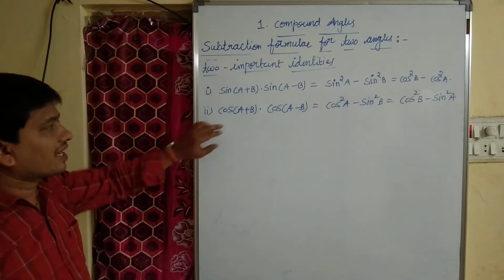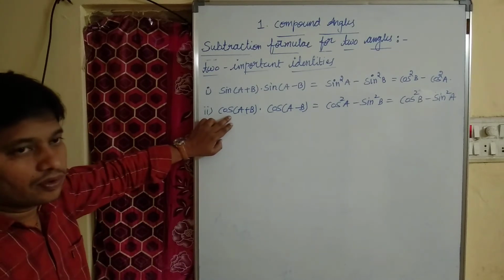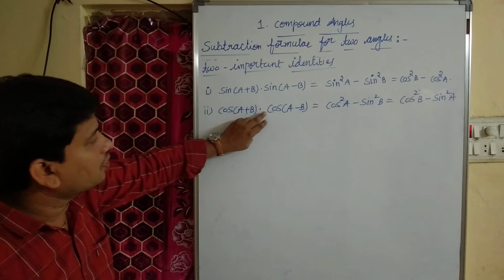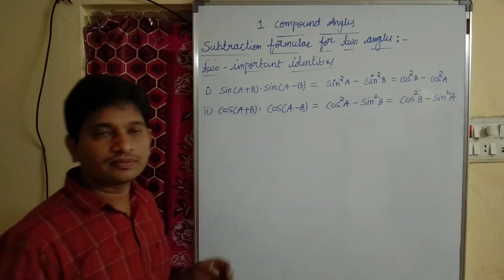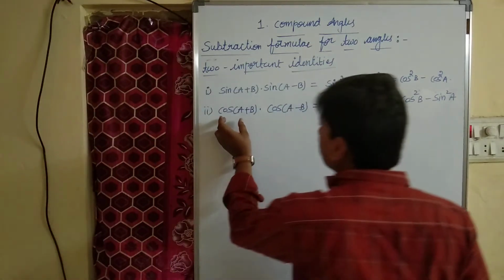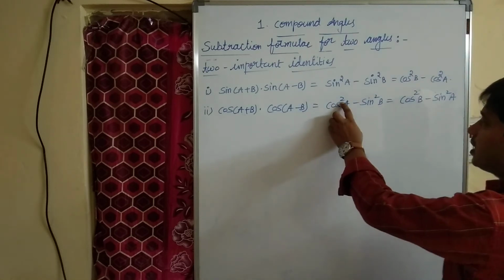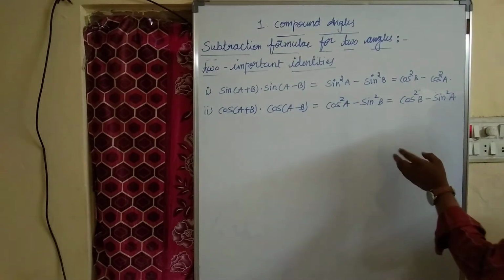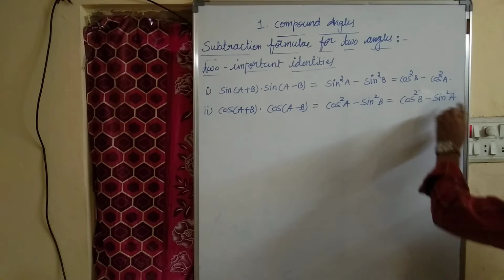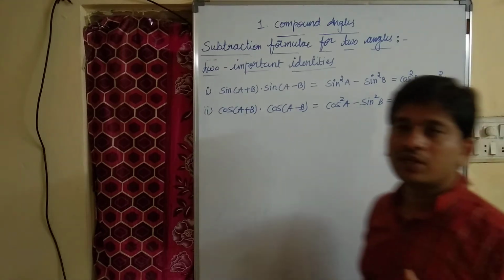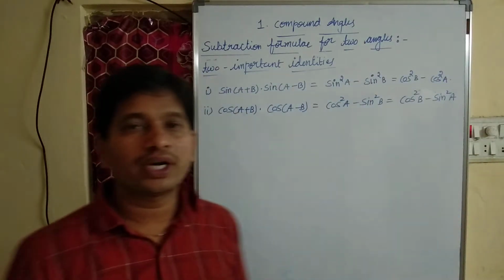Children, what is the second identity? Cos of (a plus b) into cos of (a minus b). So this is also an important identity, nothing but cos square a minus sin square b, or else cos square b minus sin square a. That is the second important identity.